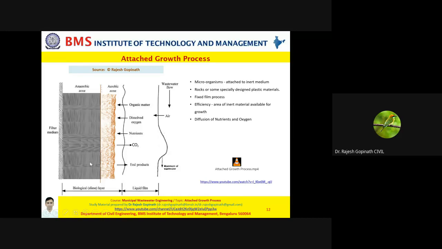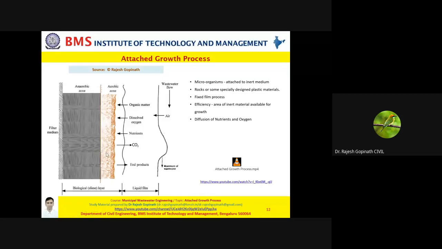In other words, the decomposition, the decay happens in the microbial film, it is not happening here. My dear friends, I want you to remember this. Bacterial degradation is not taking place in this zone, it is taking place in this zone, which is the anaerobic zone plus the aerobic zone. That is where microorganisms are present.